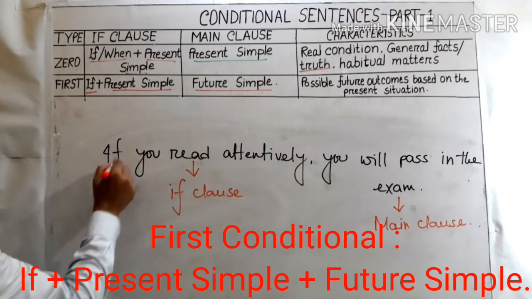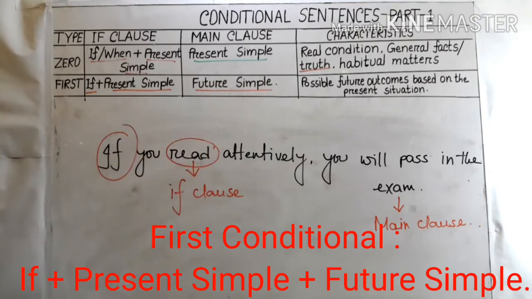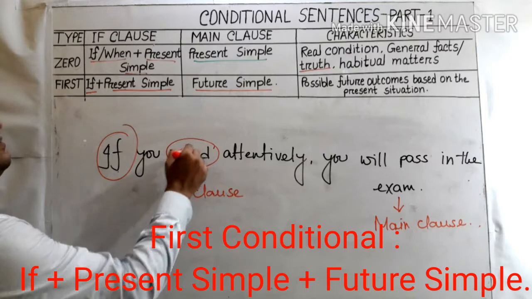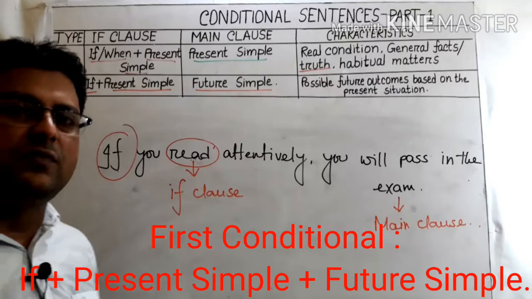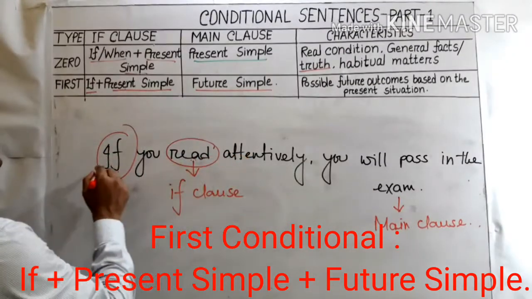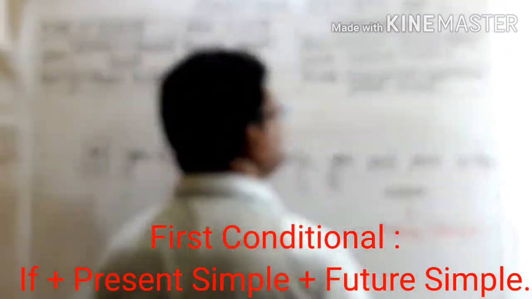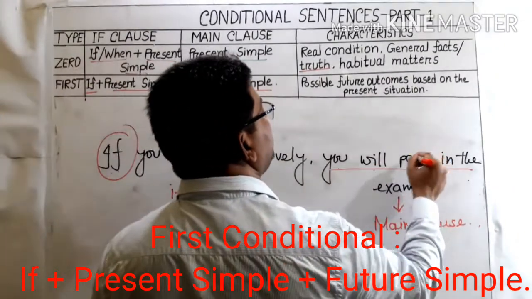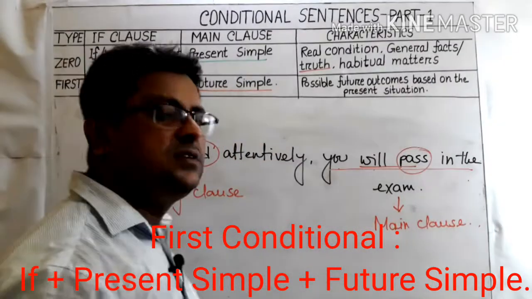Here I see that if and present simple. If you read, verb 1, read, here read is the base form of the verb. That's why this clause contains if plus present simple and the main clause contains future simple. Subject plus will plus base form of the verb, that means future simple.